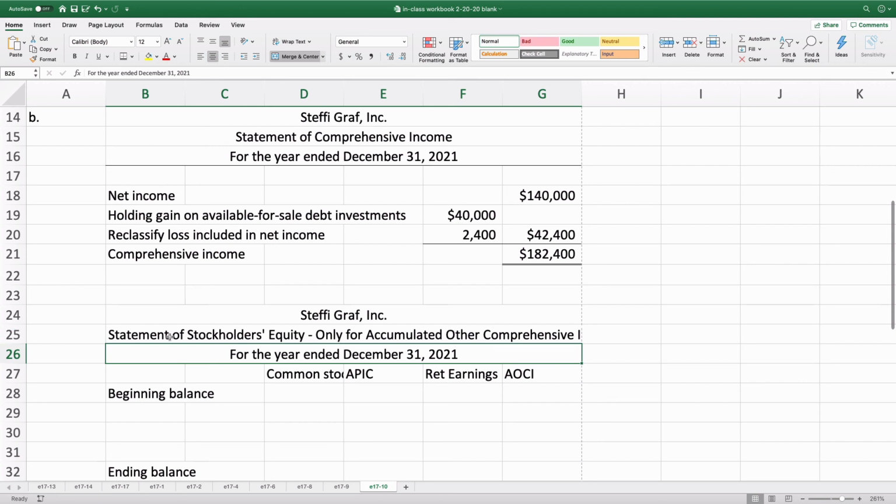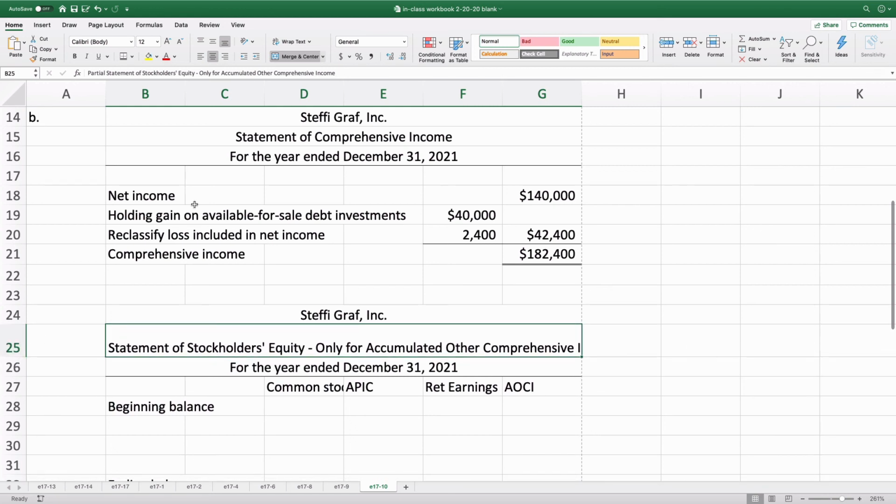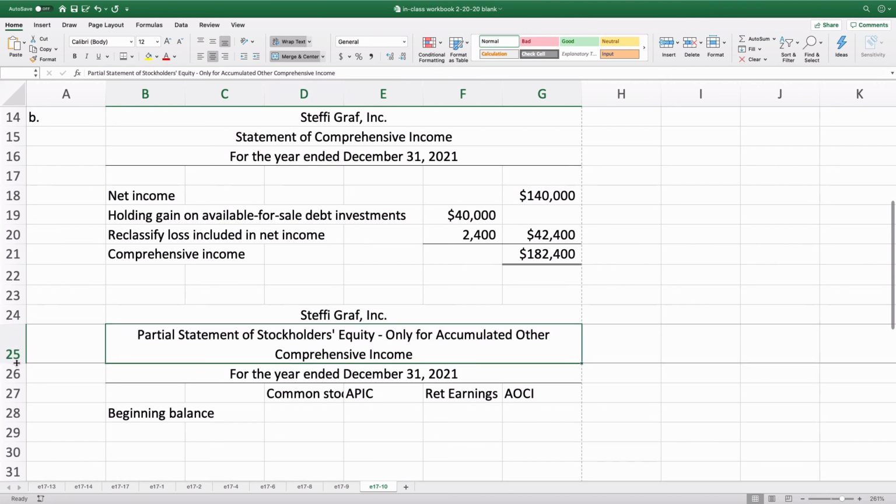You can wrap that, I guess, something like this. Let's try that. Wrap the text. Something like that. Partial statement.